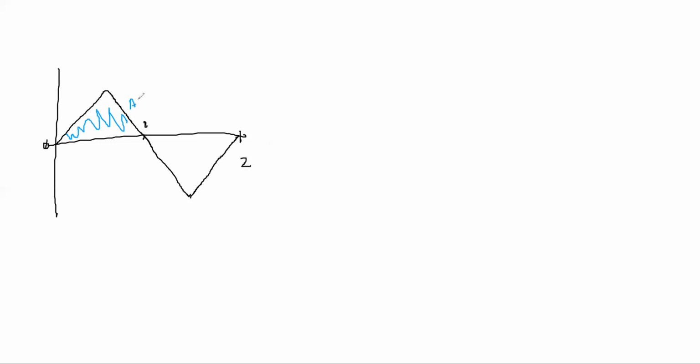So this area is going to equal, how tall is this? This will be 1 tall. So 1/2 base 1 times height 1. So this area is going to be 1/2. This area also equals 1/2, but it's negative.